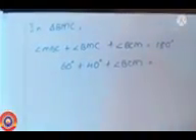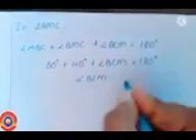Angle MBC is 60 degrees and angle BMC is 40 degrees, plus angle BCM is equal to 180 degrees. So angle BCM is equal to 180 degrees minus (60 plus 40), that is 180 degrees minus 100 degrees, that is equal to 80 degrees.